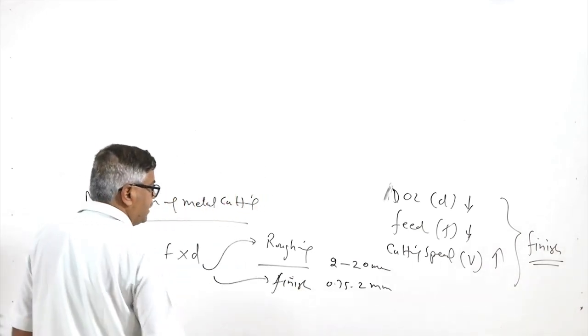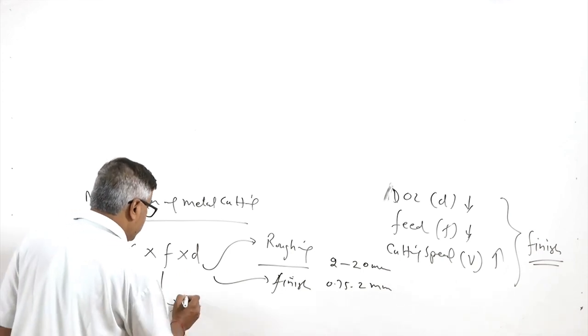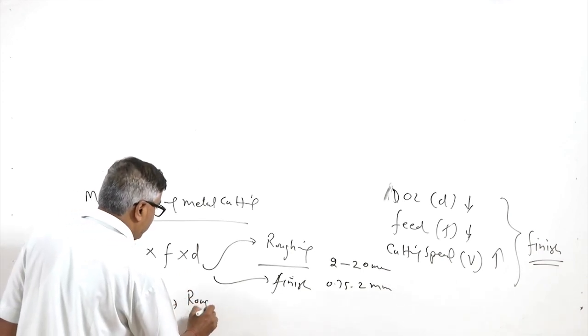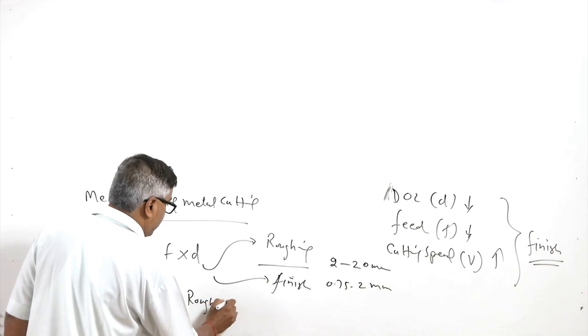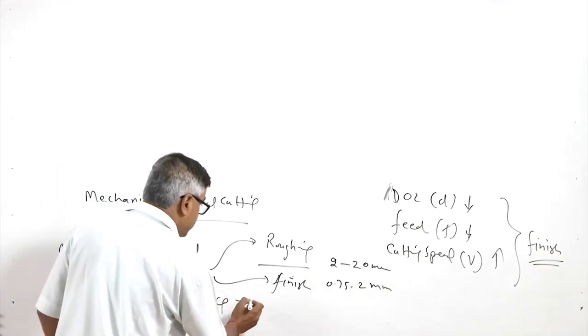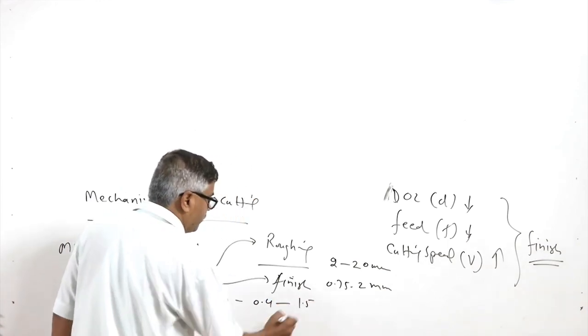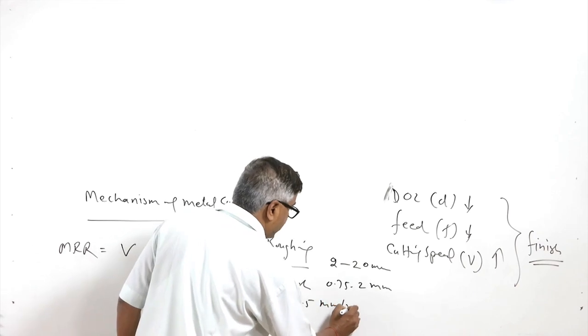Similarly, for feed, very low feed rates are given for the finishing purpose, while high feed rates are given for the roughing purpose, for rough machining. Say, for rough machining, the feed rate ranges from 0.4 to 1.5 per revolution.